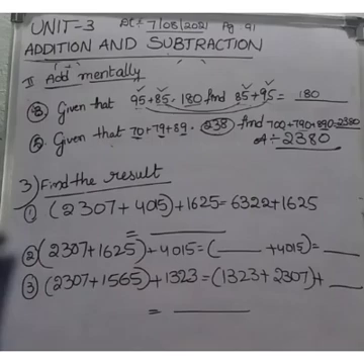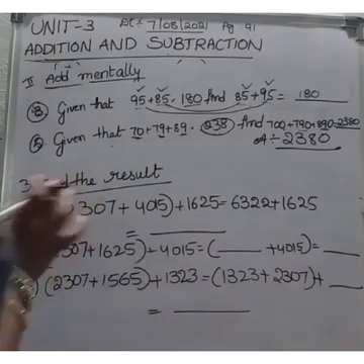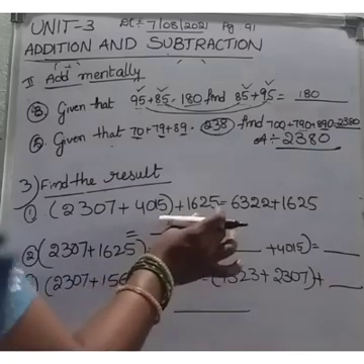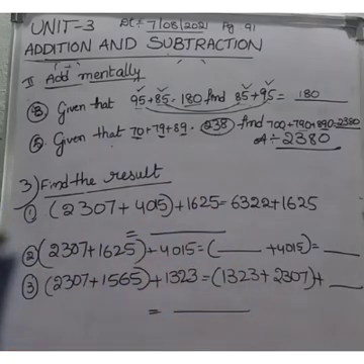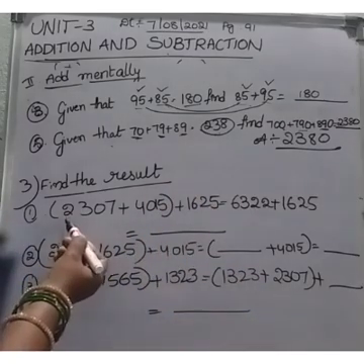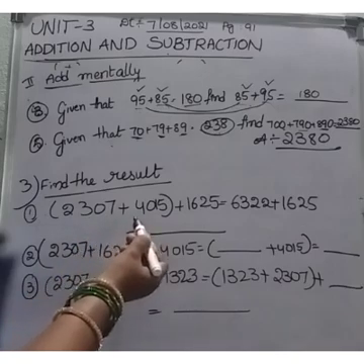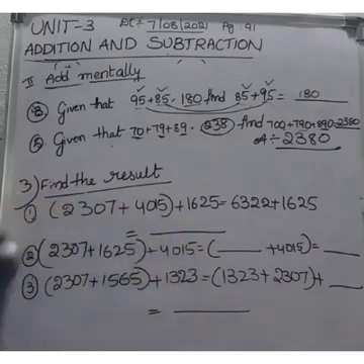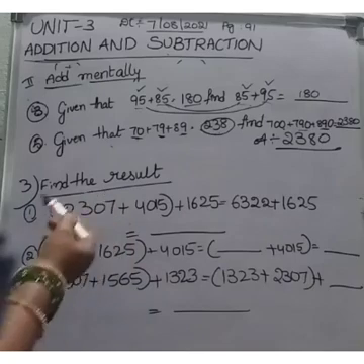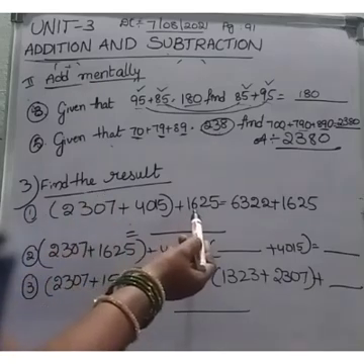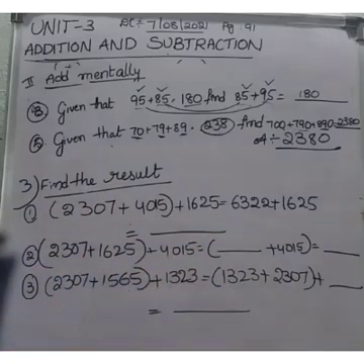Next, Roman number 3. Find the result. These two numbers are in one bracket, and one more number is outside of the bracket. Look here: 2307 plus 4015 in one bracket, plus 1625 is equal to.